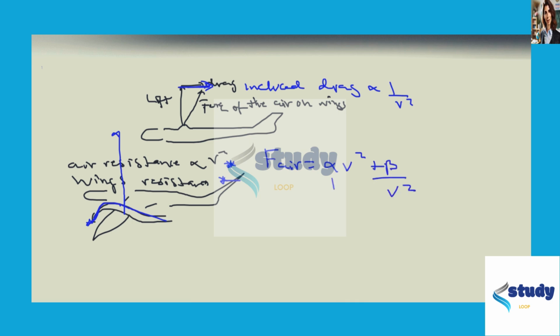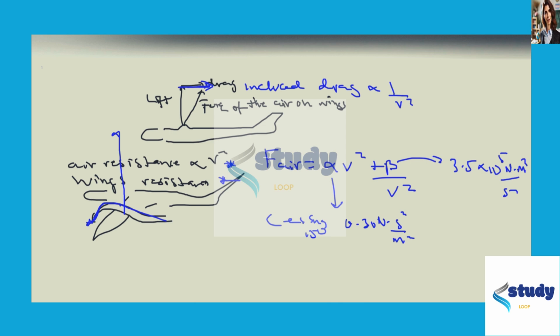Remember, for a Cessna plane, for example, Cessna 150, alpha happens to be 0.30 newton second squared over meter squared, and then beta happens to be... this is just specific for the Cessna. Other planes will definitely have different constants, but in general, this is what happens.